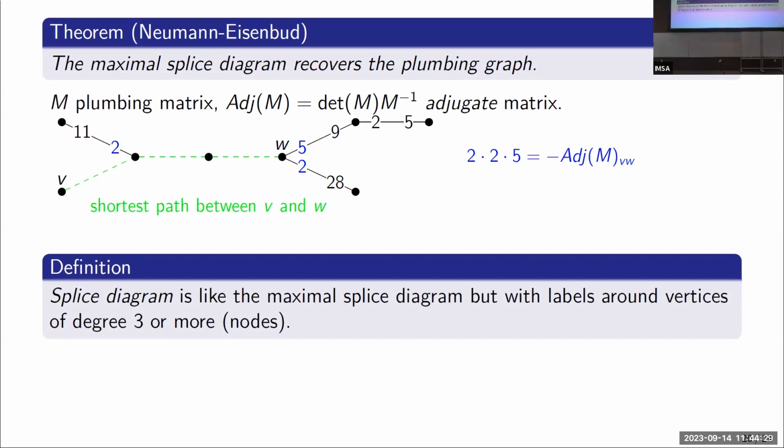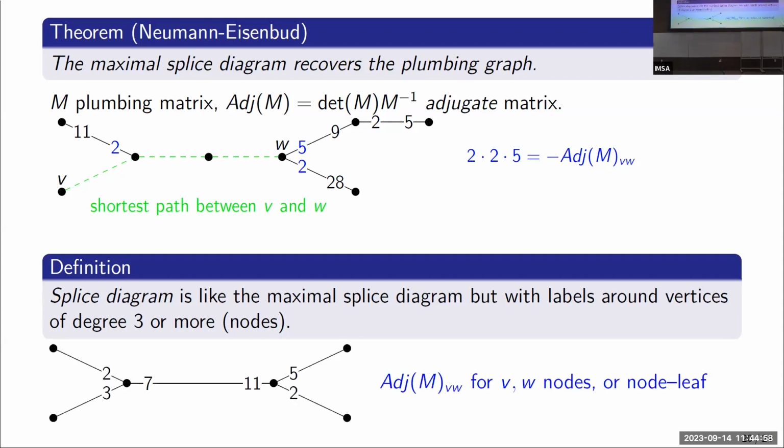And now, there are two ways to encode the same data, right? But once we have this maximal splice diagram, we can encode just some important information, by erasing the vertices of degree 2, and erasing all the numbers around them. So this is the splice diagram.